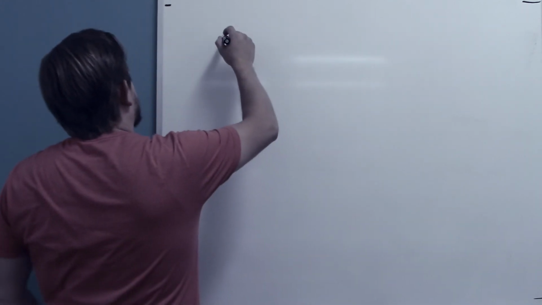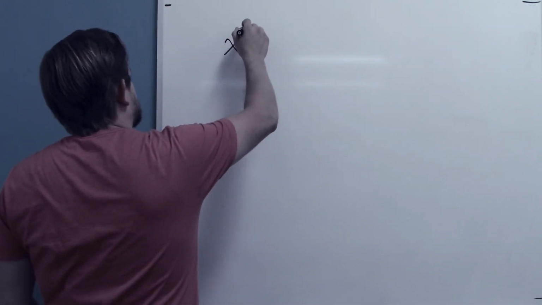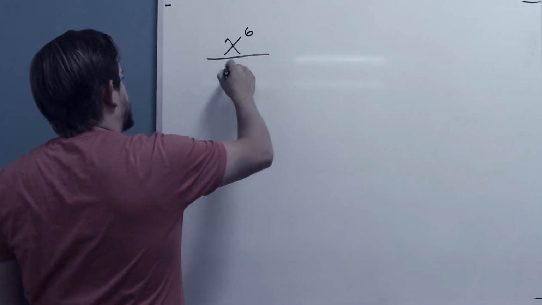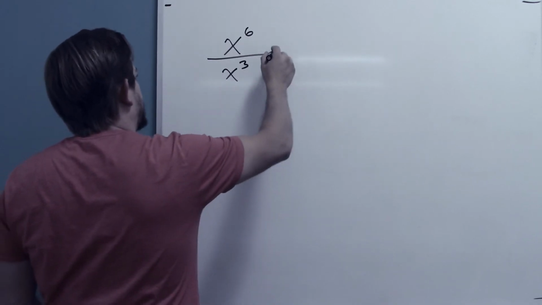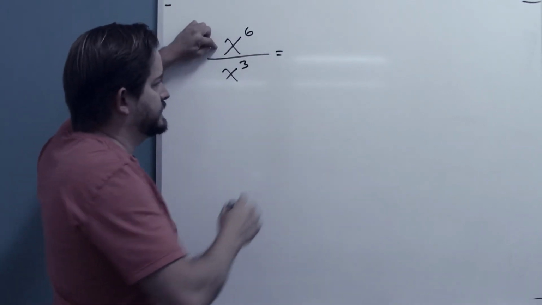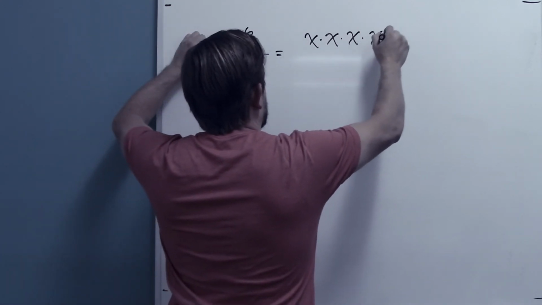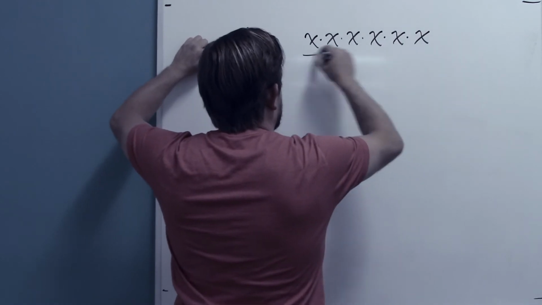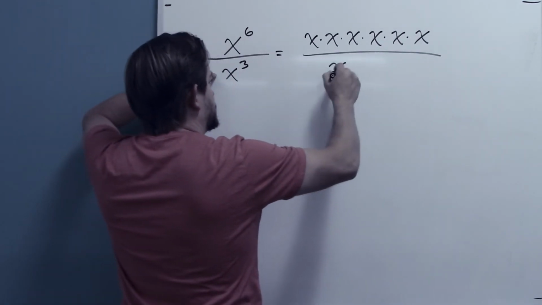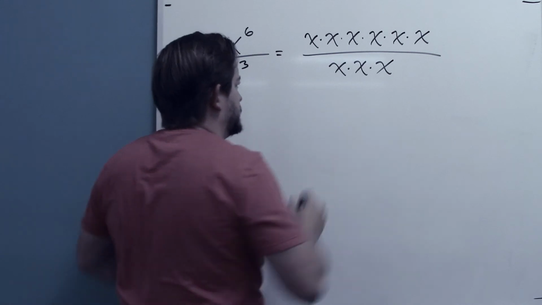What happens if I have, let's say, x to the 6th over x to the 3rd? If I write out x to the 6th, that means x times 2, 3, 4, 5, 6 of them over x to 3 of them, right?